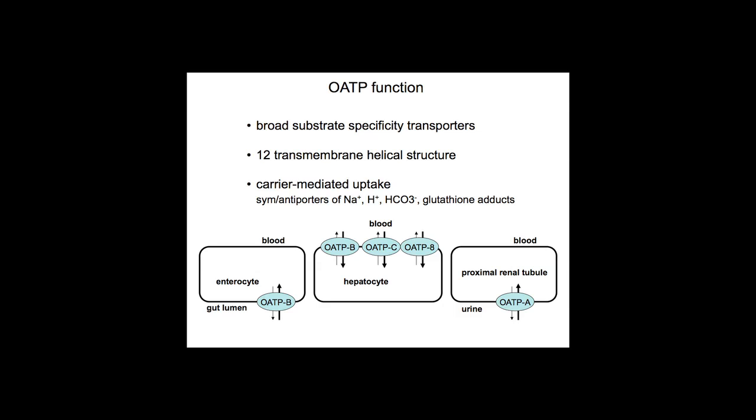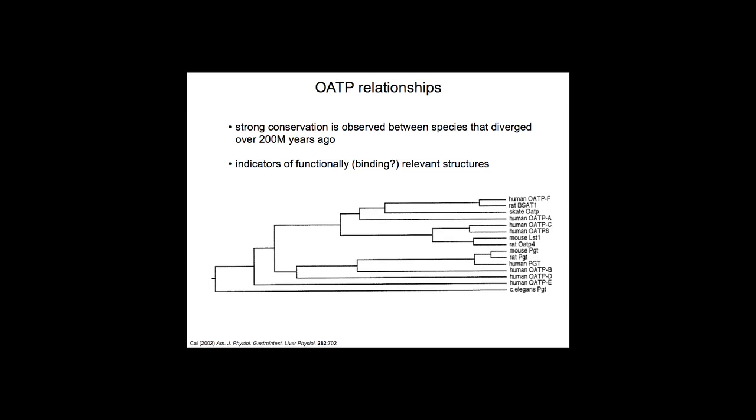Now, I'm showing you this slide because I really like to look at phylogenetic maps, but really, again, within a family of the solute transporter molecules, we see decent conservation, and that means structural conservation as well. We see a divergence between families, or within this family, starting about 200 million years ago.